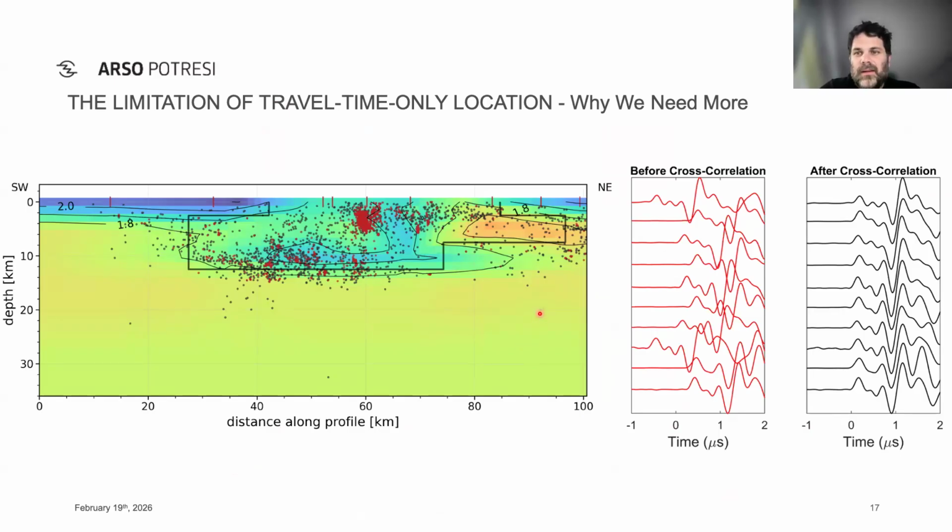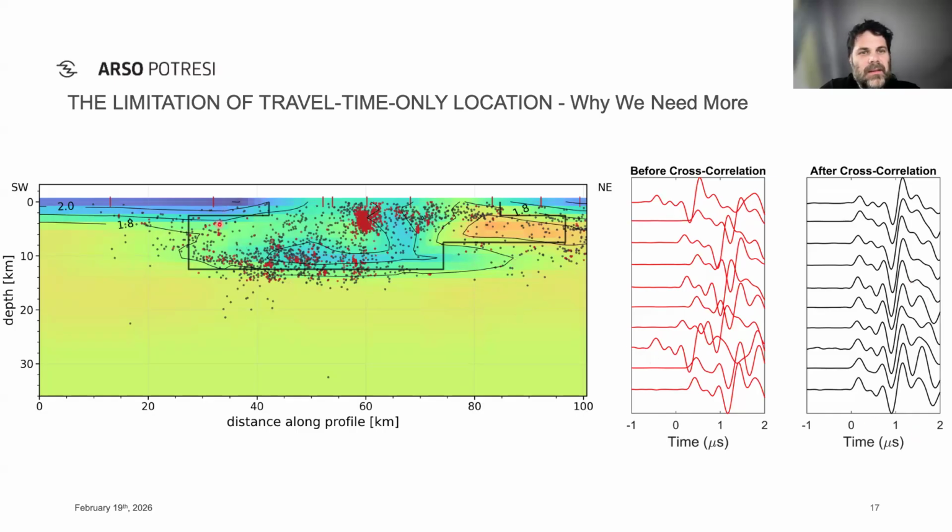Let's say we are only looking at the travel time in cases like this, where we have in a 3D velocity model higher velocities and then lower velocities and again higher velocities, our locations can be quite bad. But if we use something more physics-supported, like waveform cross correlation, we can get a slightly better location for this.